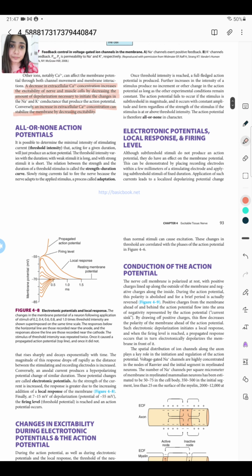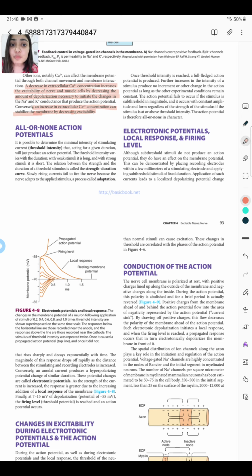You can see here, once a threshold intensity is reached, a full-fledged action potential is produced, right? And further increase in the intensity of the stimulus will produce no increment or other change in the action potential as long as other experimental conditions remain constant. An action potential fails to occur if the stimulus is sub-threshold in magnitude, and it occurs with a constant amplitude and form regardless of the strength of the stimulus if the stimulus is at or above the threshold intensity, right?